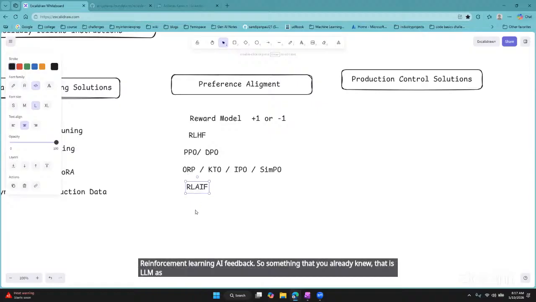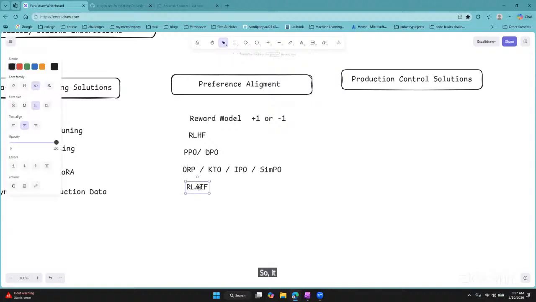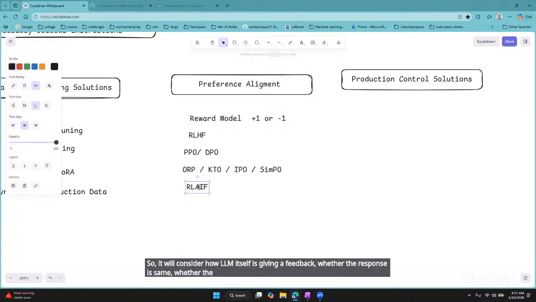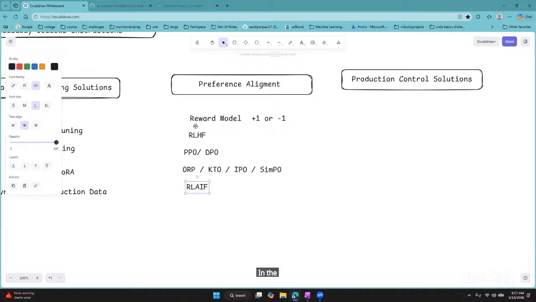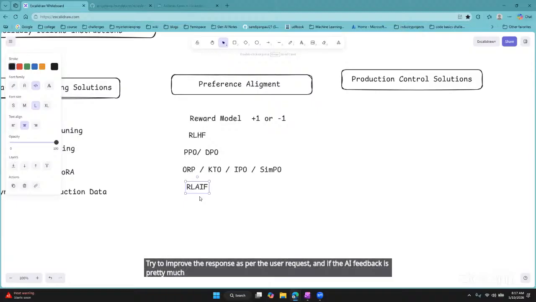It will consider how the LLM itself is giving feedback, whether the response is safe, whether the response has less verbosity. Whatever instructions you provide in the AI feedback, it will look into that feedback and try to improve the response as per the user request. And if the AI feedback is pretty much aligning to the user, then you are good to go.